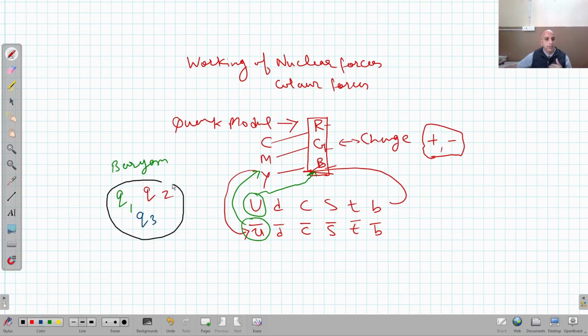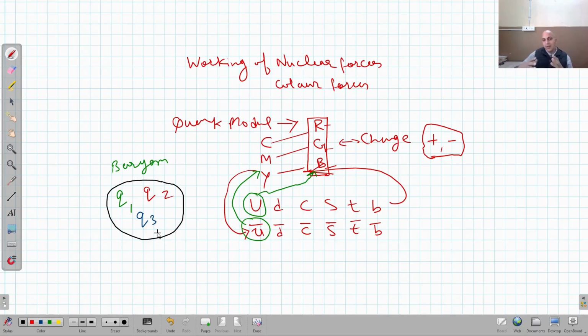I have made these 3 quarks red, green and blue, and when all these 3 quarks are joined together, the resulting configuration is colorless or white, we can say. Similarly, when we have a meson, we will have a quark and a corresponding anti-quark, of one color and one anti-color. So again, the meson will also be colorless or white, right?